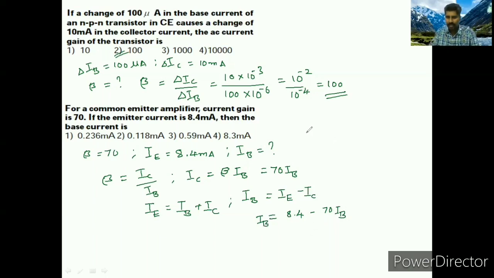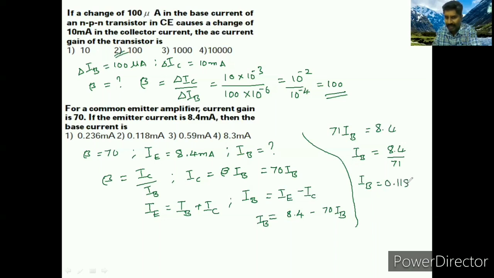Now these IBs I will take to one side, which means 71 IB is equal to 8.4. IB is equal to 8.4 by 71. After calculation, base current we can get is 0.118 milliamps. So the second option is the correct one. So we'll see the next problem.